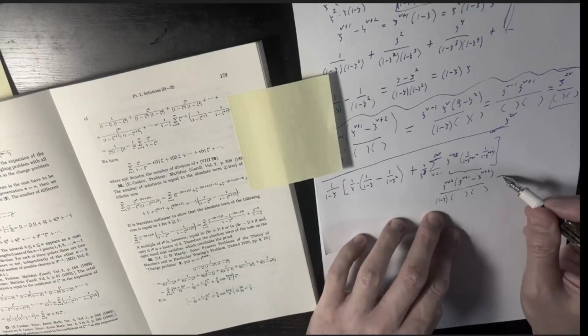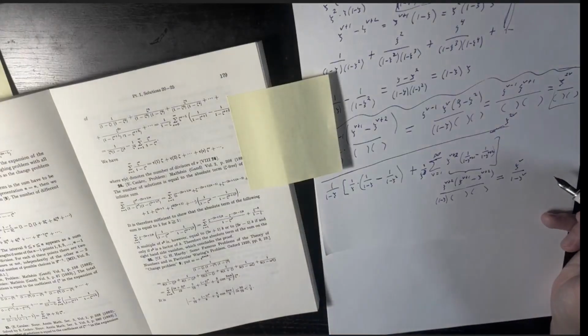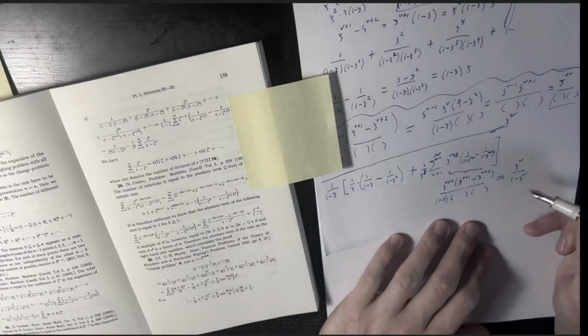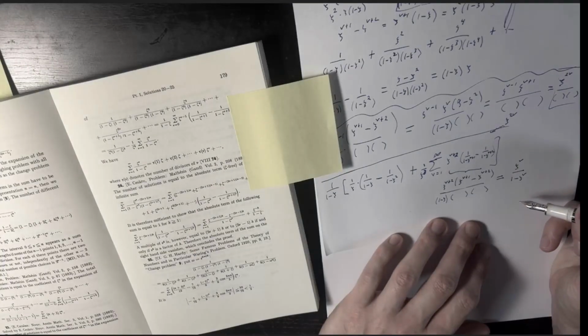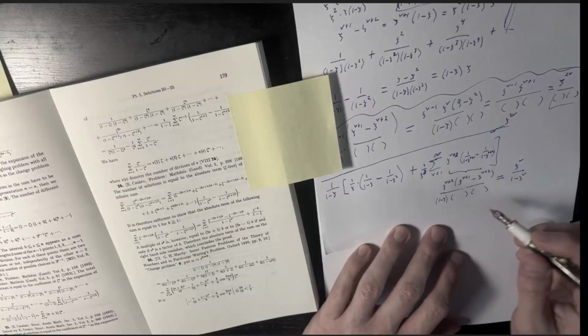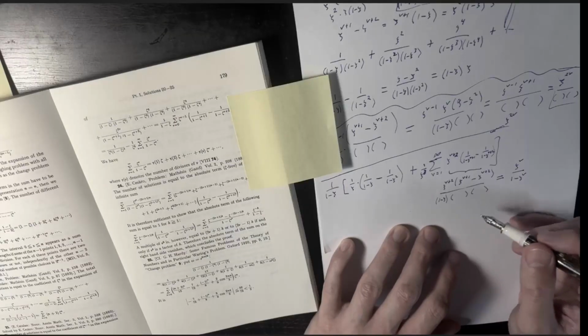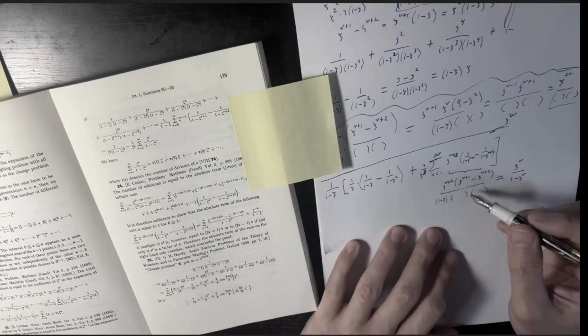So my question now is, like, how does this equal zeta to the v over 1 minus zeta to the v? I guess it's conceivable. Maybe. I don't see it.